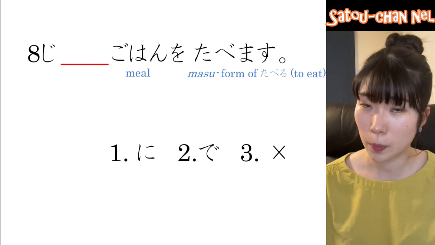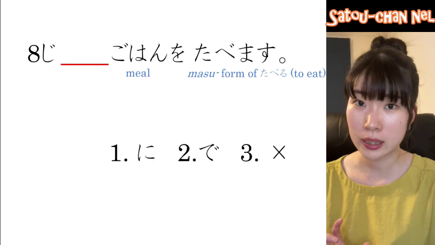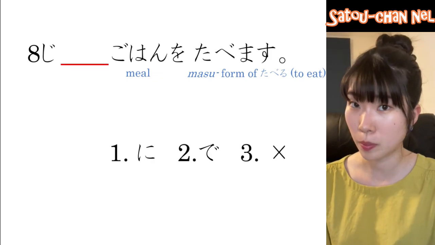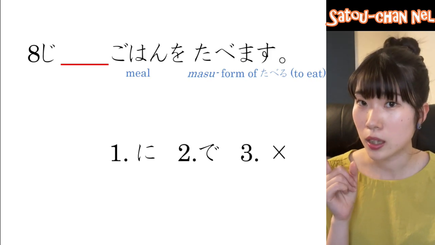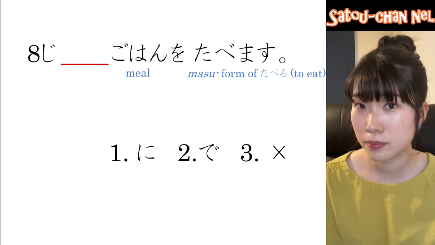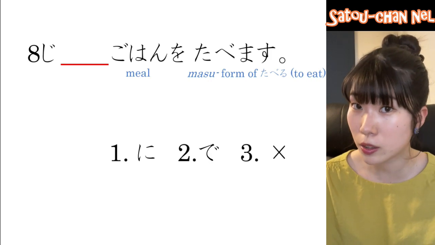So ご飯を食べます is I eat a meal. I have a meal. And then at the beginning 8時, 8 o'clock. So it's a time expression, 8 o'clock.